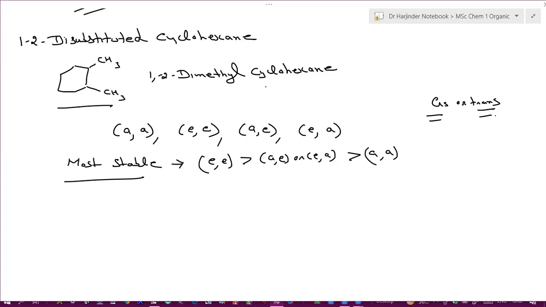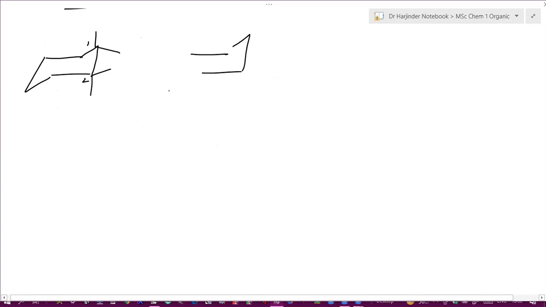So let us draw the various conformations of this 1,2-dimethyl cyclohexane. Suppose this is your carbon number 1 and this is your carbon number 2. So 4 combinations will be there.